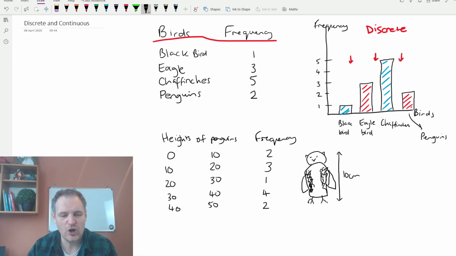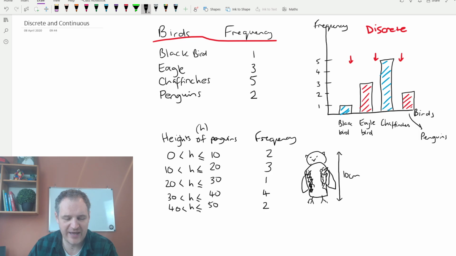Just understand, when you see this, it is going to be a little h. All this means, and you'll learn why it means this later on as you get older, is that this middle bit means 0 to 10, but 10 is included. 10 to 20, but 20 is included, but 10 isn't. This line here means that 10 is not included.